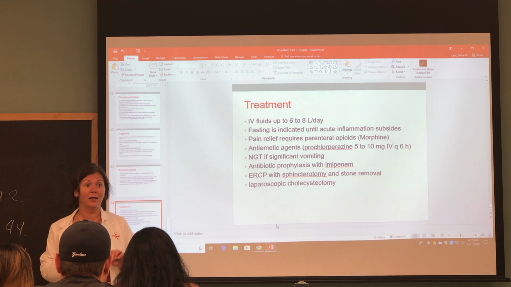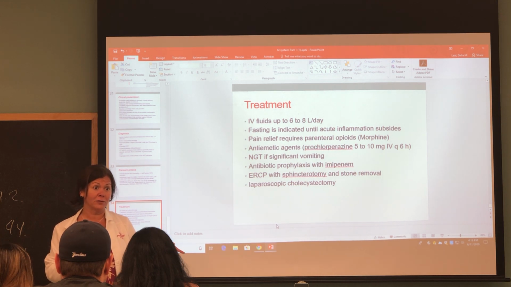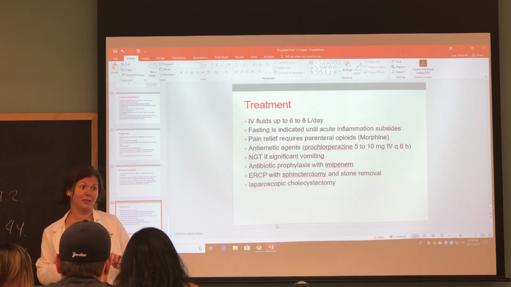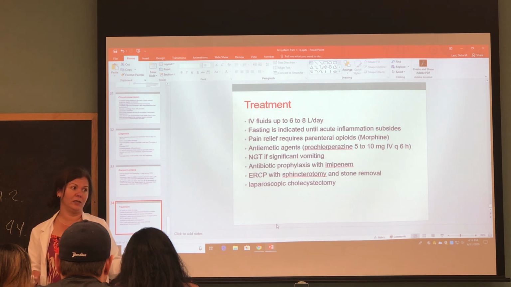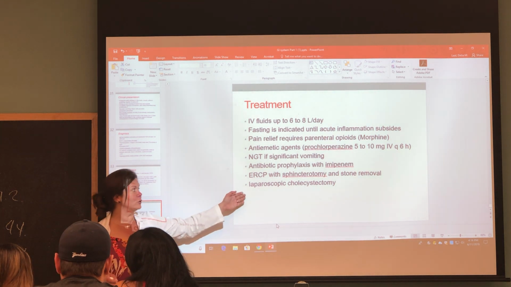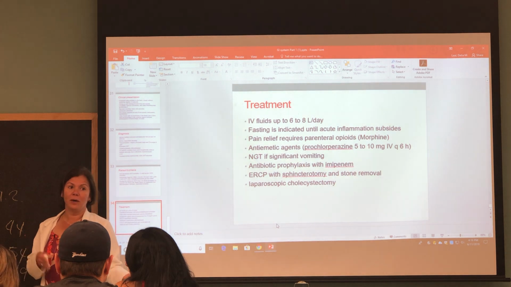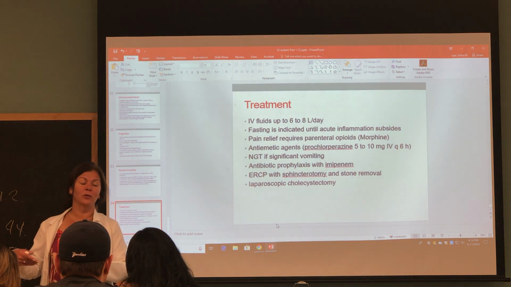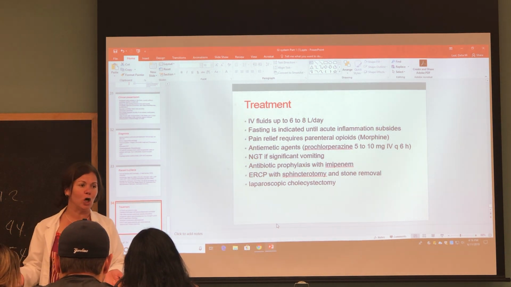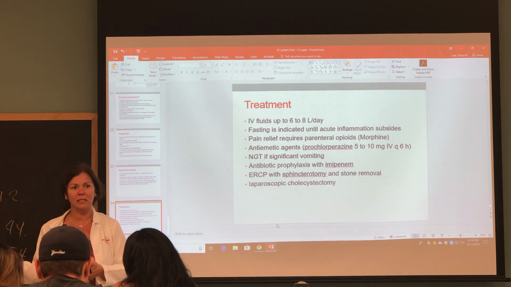Now, remember that ERCP by itself can produce pancreatitis. So don't do it in the acute phase, okay? And also, since again cholelithiasis is the number one leading cause of pancreatitis, you could also do cholecystectomy.